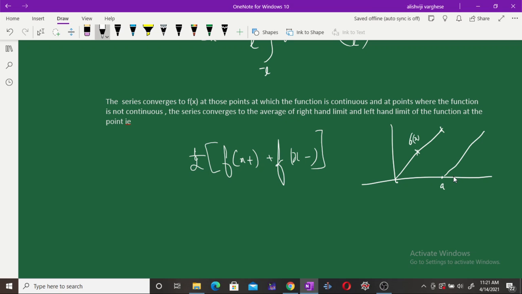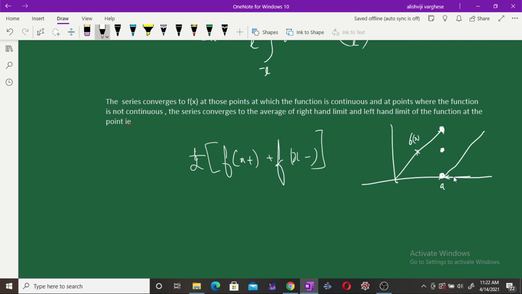And at this particular point in which the function has a discontinuity, the Fourier series converges to the average of the right hand limit and left hand limit. So if we approach A from the left hand side, the value of the function is here, and if we approach A from the right hand side, the value of the function is here, and the average is somewhere here. So the Fourier series will converge to this particular point.